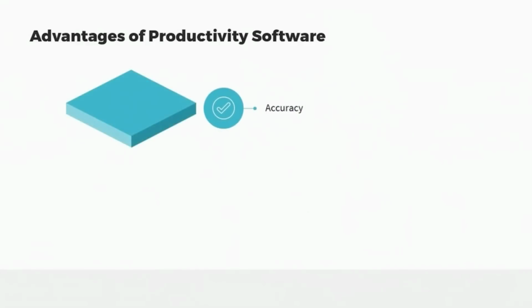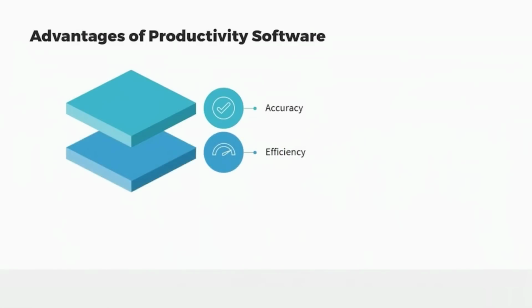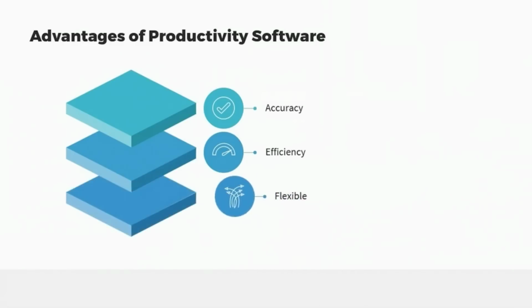The advantages provided by current productivity applications include improved accuracy with auto-correcting features to reduce both spelling and grammatical errors, increased efficiency through automation features such as macros and templates, greater flexibility due to the number of ways by which data can be manipulated, and the fact that most applications within a suite are very compatible with each other and able to share data.